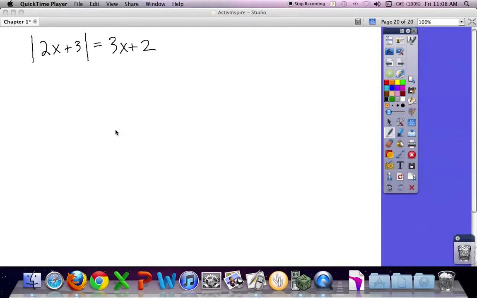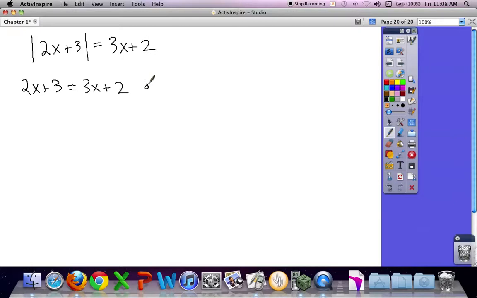So let's break down the absolute value. And we do this, again, we can say that 2x plus 3 equals 3x plus 2, or 2x plus 3 equals negative (3x plus 2).